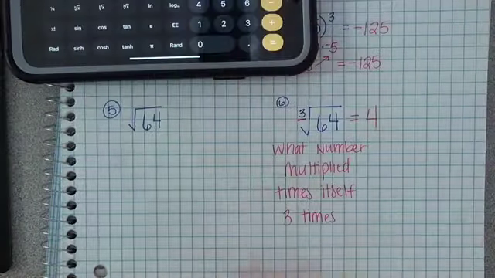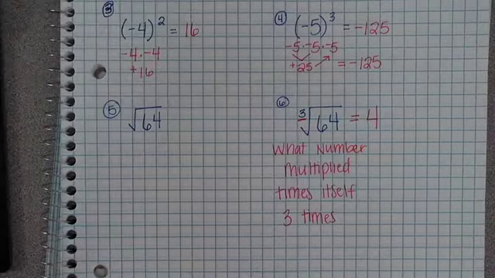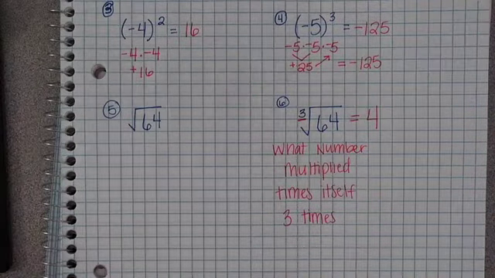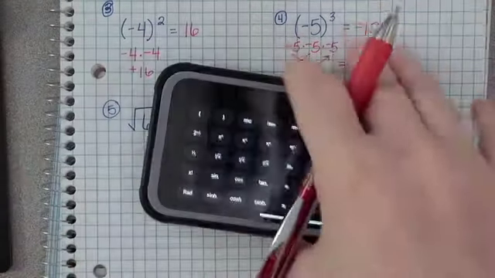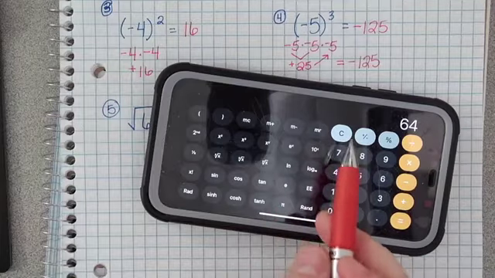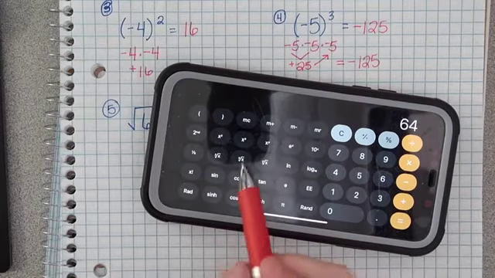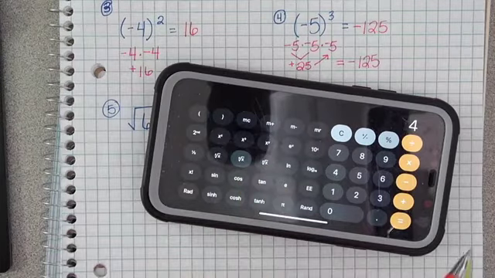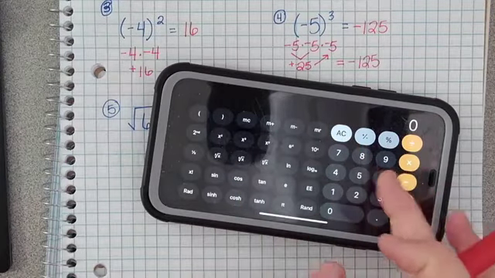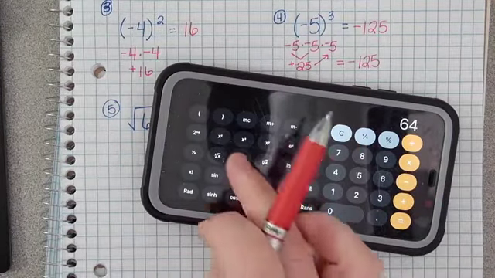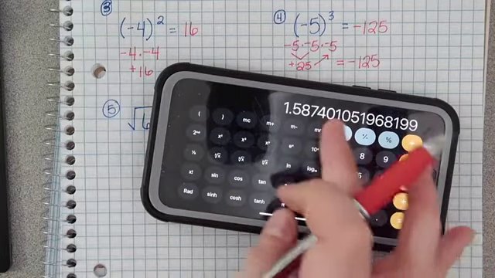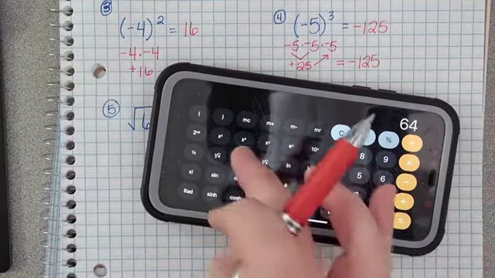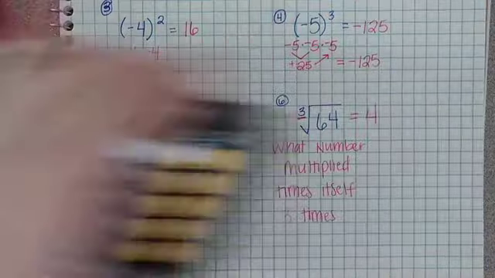You could make your own chart if you forgot yours or don't have it. But there is also a button on the calculator or on your phone. Notice that 3 with the radical. You have to have the number typed in. So 64, cube root of 64 is 4.